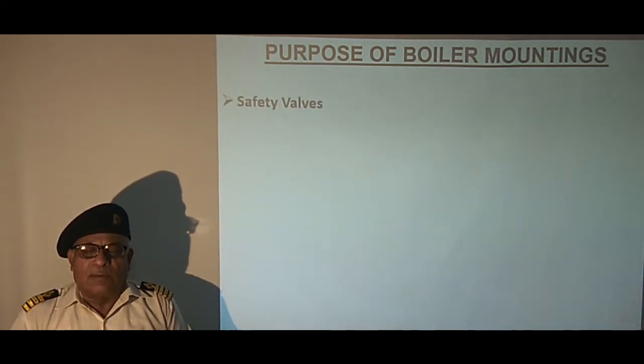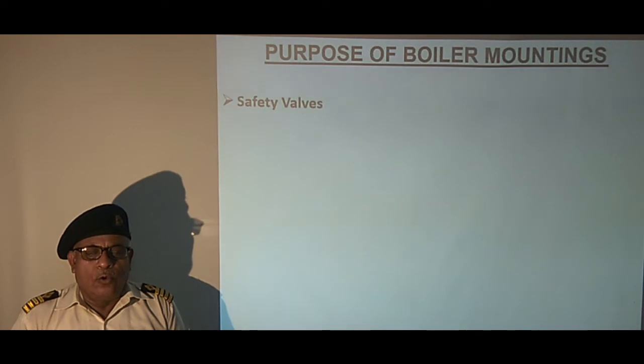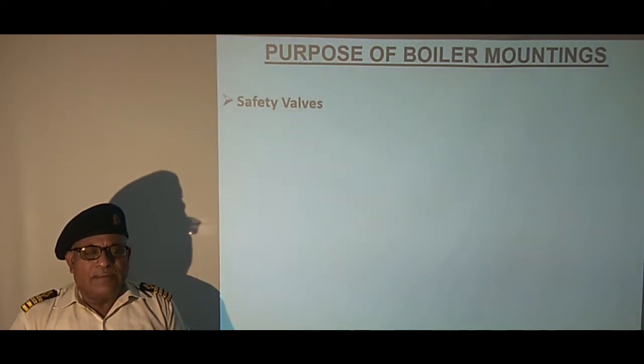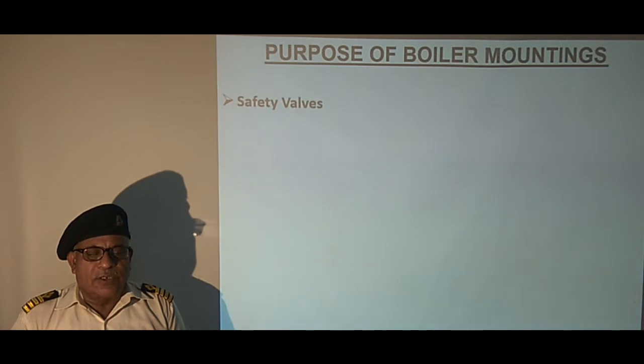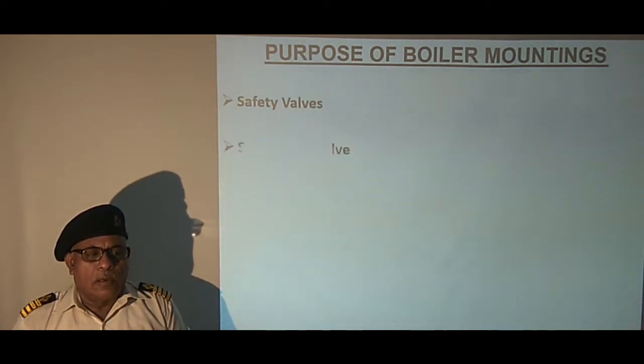We have safety valves. Safety valve protect the boiler shell from pressure exceeding their design value. Safety valve lifts when the pressure in the boiler is in excess of normal working pressure. Various types of safety valves are used and will be discussed in the next tutorial. Next we have steam stop valve.